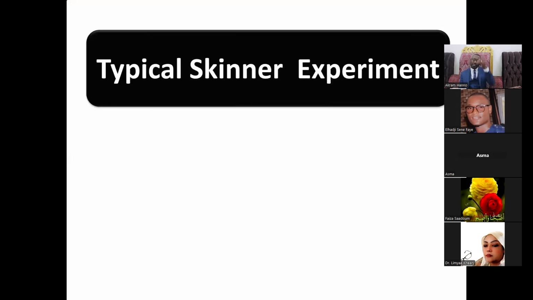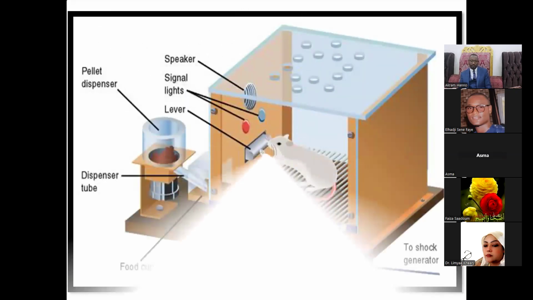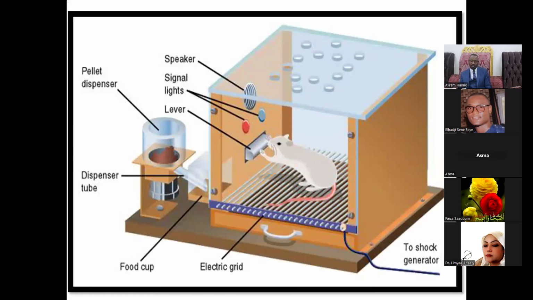This is called a typical Skinner experiment, and he called it reinforcement, according to his book, which he wrote in the middle of the 20th century, I think in 1957.